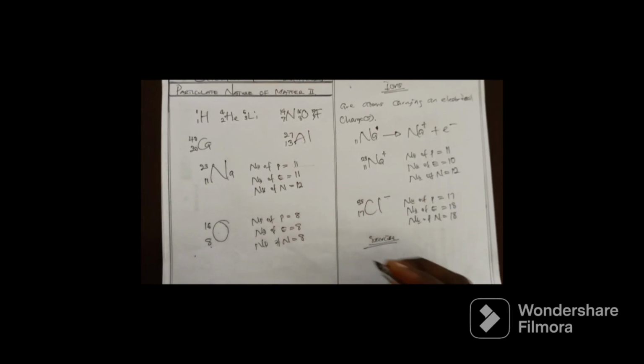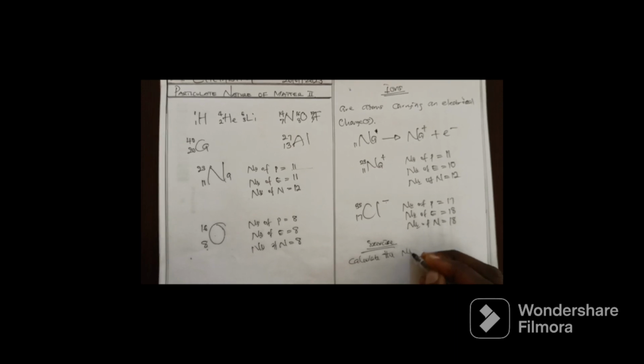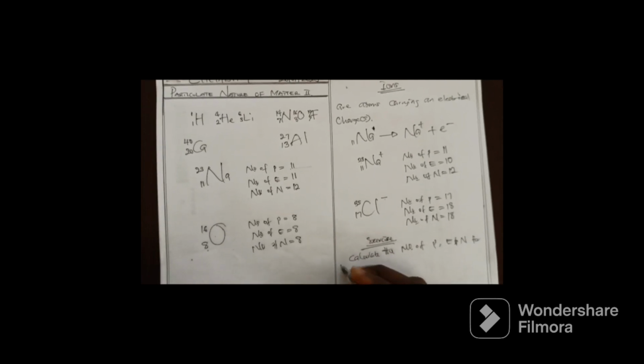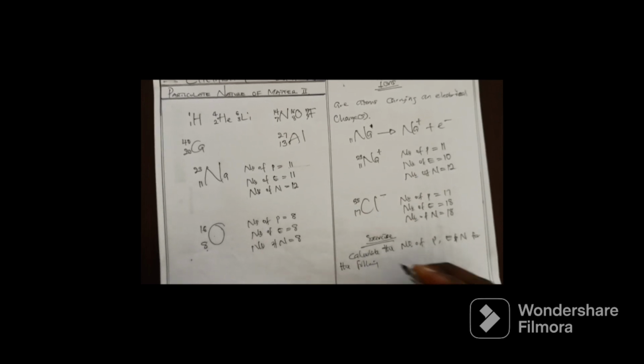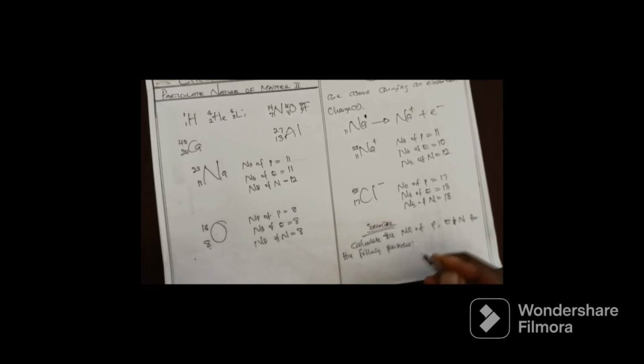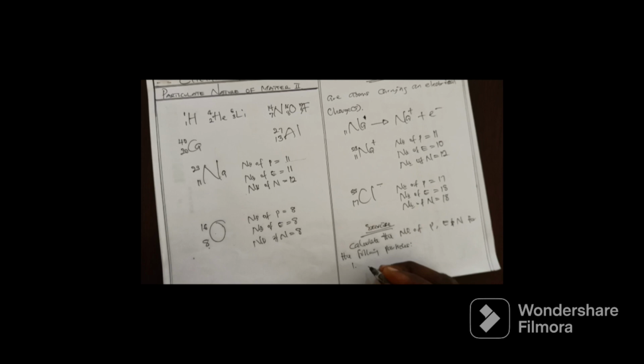All right, I want you to calculate the number of proton P, electron E, and neutron for the following particles. One, let's take magnesium, atomic number of 12.